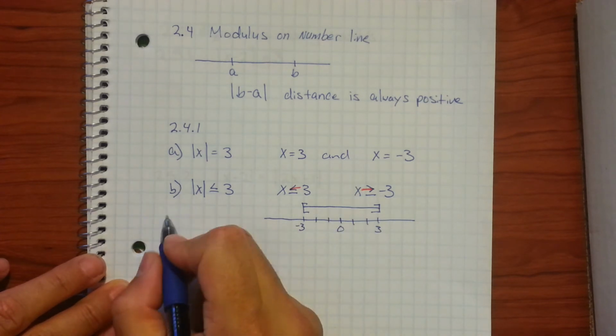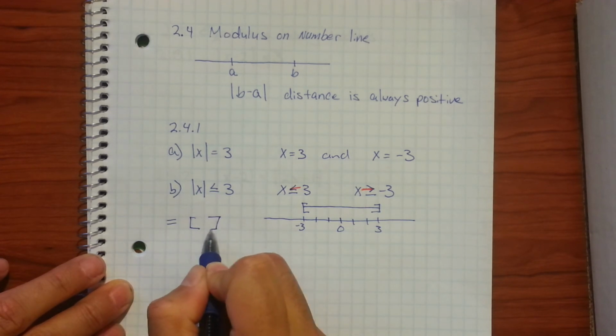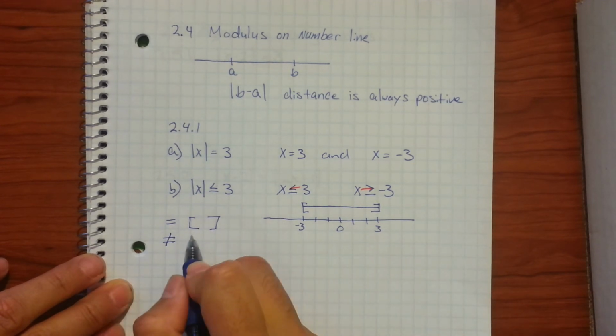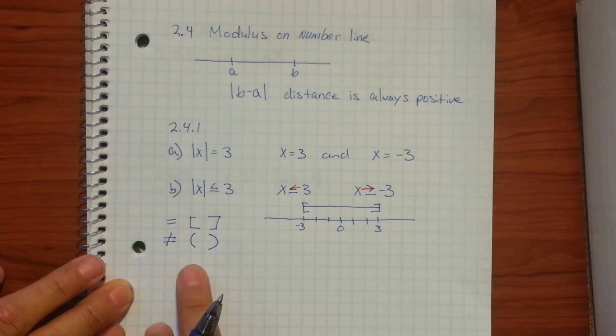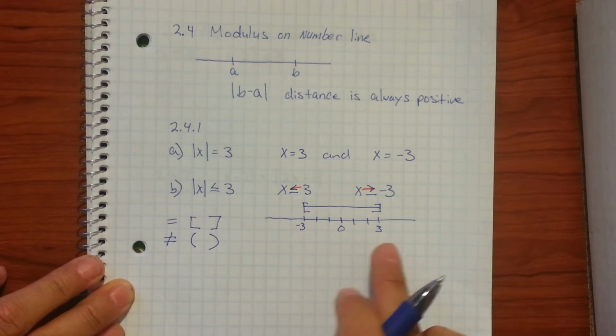As a quick refresher, if it is equal to, we will have brackets. Now if it's not equal to, we use parentheses. Now this will also give me my interval notation. My interval notation is going to read from where to where.